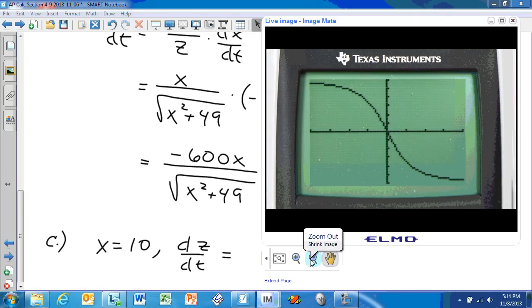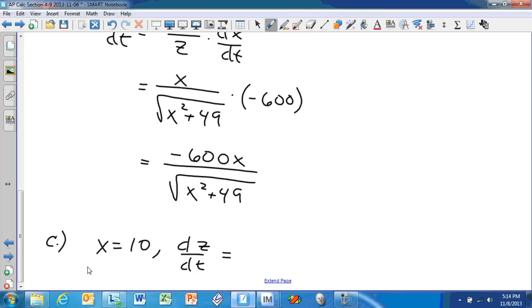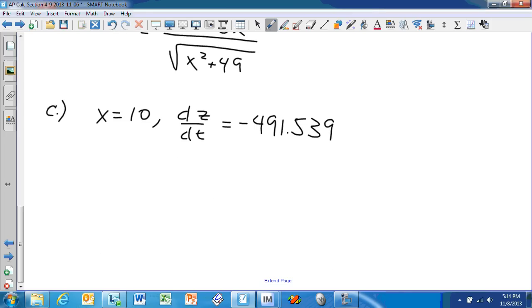I can go to the table, or do it from the home screen, or from the graphing screen and just trace it to x equals 10, and we get negative 491.539. And this is going to be in miles per hour. The z is measured in miles, and the t is measured in hours. So this is miles per hour.